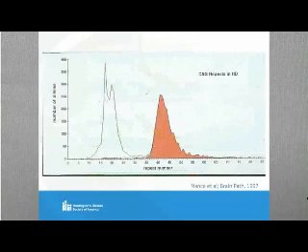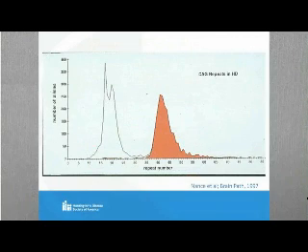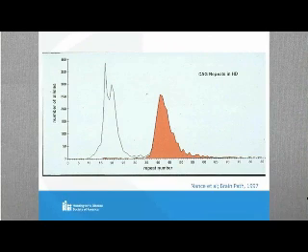This graph, published by Dr. Nance, shows the distribution of these CAG repeat expansions in the normal population and in the group of patients with Huntington disease. You'll see on the left that we all carry a CAG repeat in our normal Huntington gene, and that typically varies from 10 to 20 CAGs.